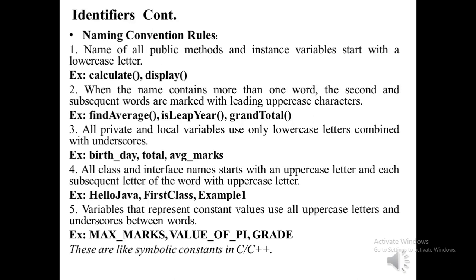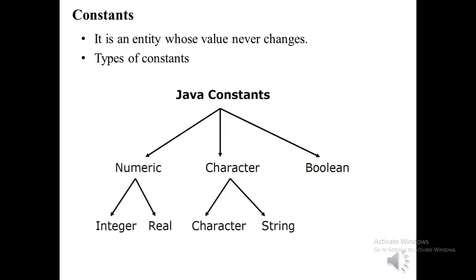The next one is that variables that represent constant values use all uppercase letters and underscores between the words. For example, MAX_MARKS, VALUE_OF_PI, GRADE. These are like symbolic constants in C and C++. So these are some naming convention rules for defining identifiers.